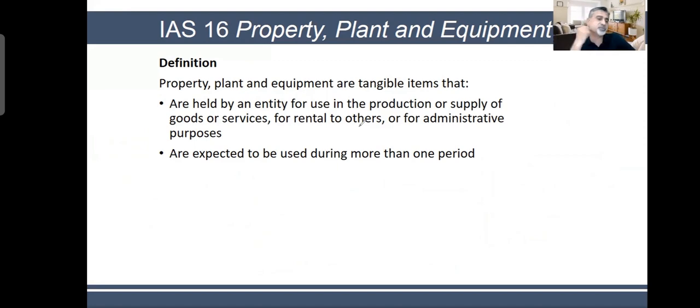So when you bring it in, it is probable that it will give you future economic benefits. Not profits, but benefits. In previous session, we discussed benefit means inflow of economic benefit, inflow of economic resources.